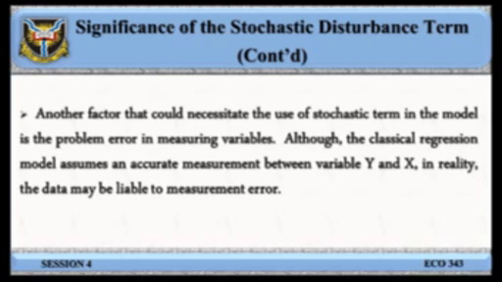6. Another factor that could necessitate the use of a stochastic term in the model is the problem of error in measuring variables. Although the classical regression model assumes an accurate measurement of variables Y and X, in reality, the data may be liable to measurement error. For instance, in theory, permanent income determines permanent consumption, but in reality, these data are not directly observable.